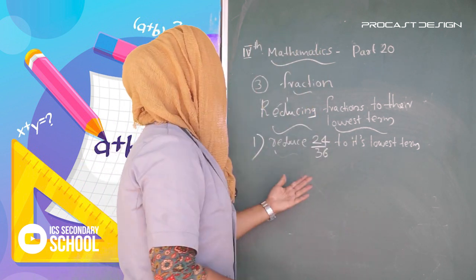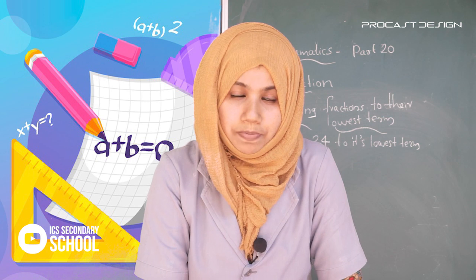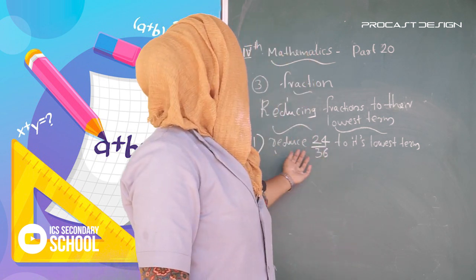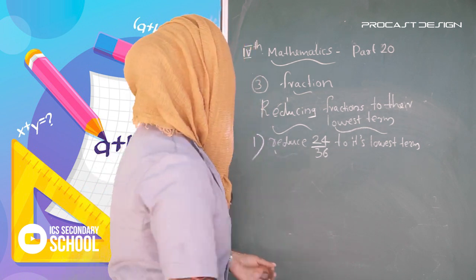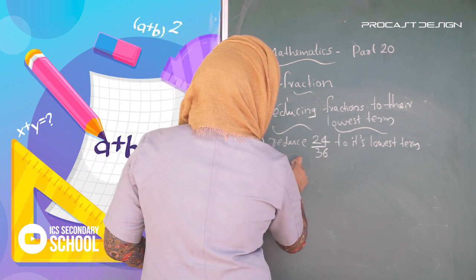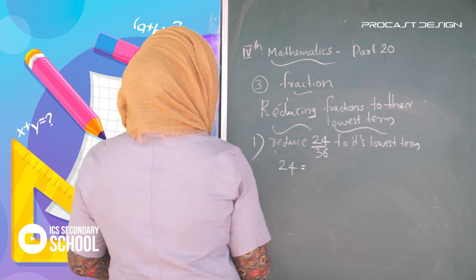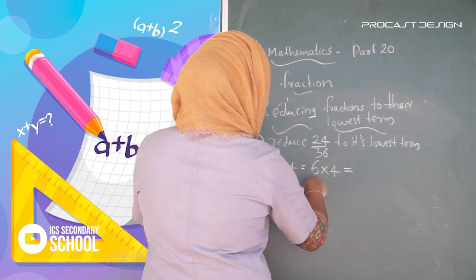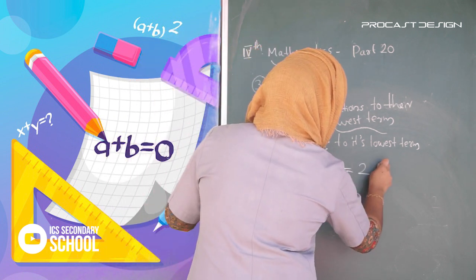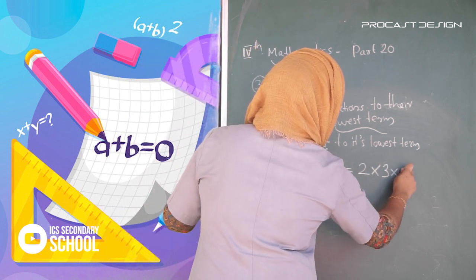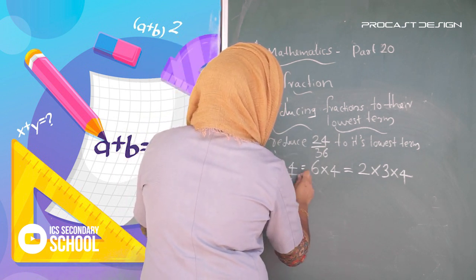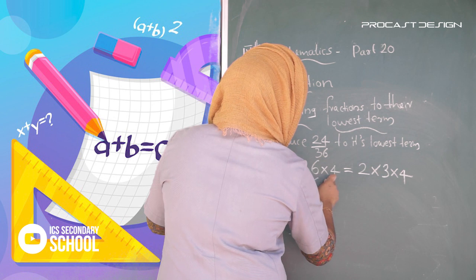First, we already learned about prime numbers and prime factorization. Prime factorization means writing numbers as the product of prime numbers. Like 24, we can write as 6 into 4. 6 is not a prime number, so we convert 6 into 2 into 3, into 4. Next is 36, which is 6 into 6.